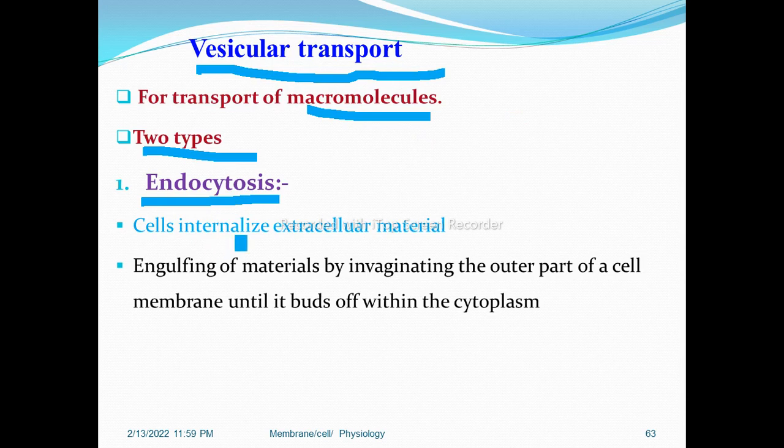In endocytosis, cells internalize extracellular material, meaning the cell engulfs outside material by invaginating the outer part of the cell membrane until it buds off within the cytoplasm.